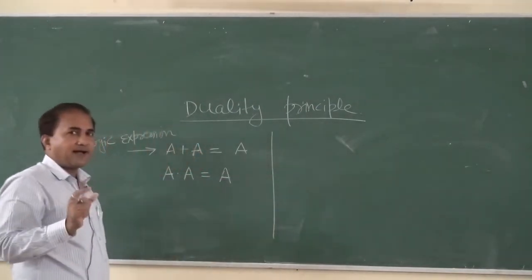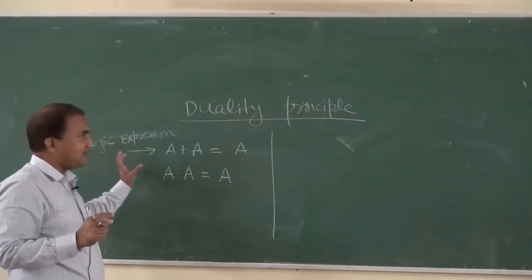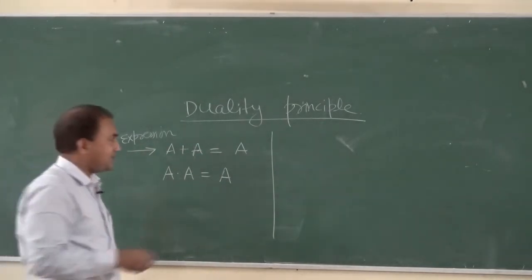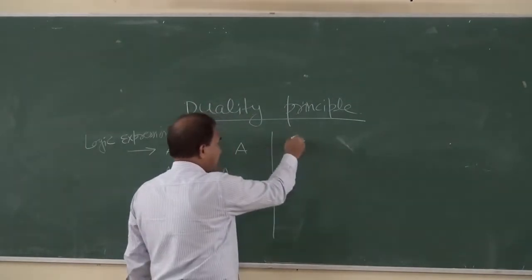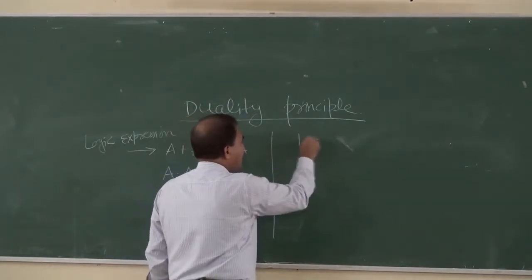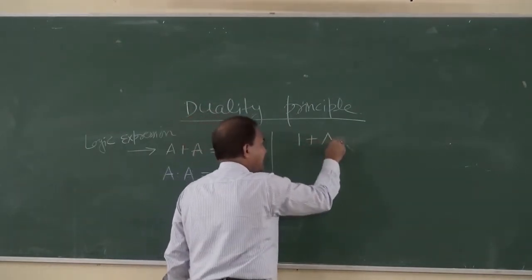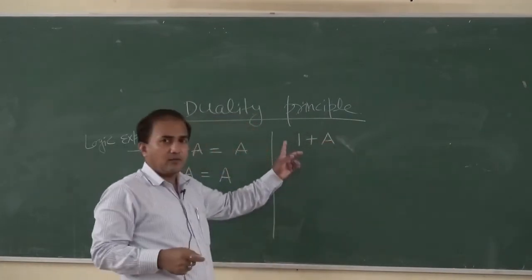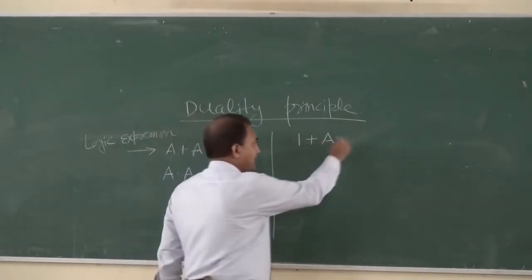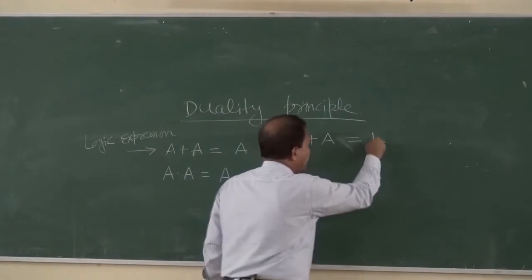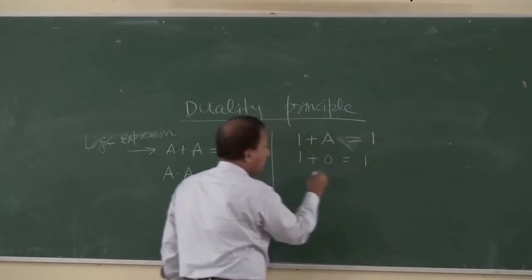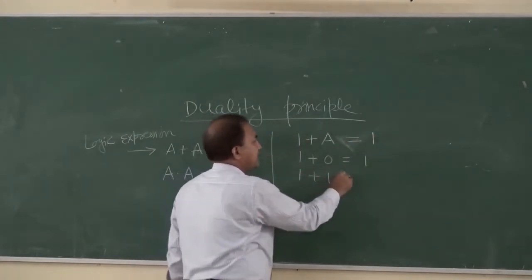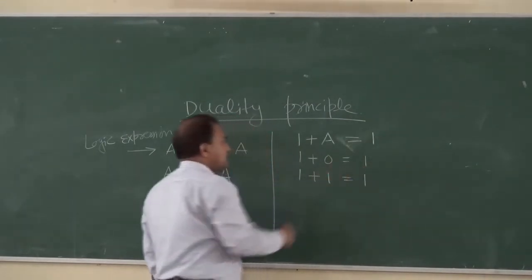So you have to simplify any logic expression by using Boolean algebra, and for that you have to know some basic rules. Suppose you are adding 1 plus any variable. If you add 1 with any variable, it will always be equal to 1. 1 plus 1 is also equal to 1.